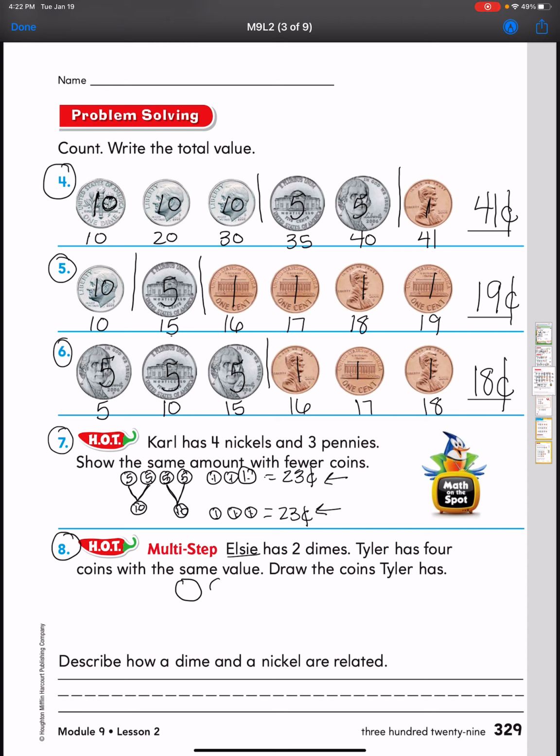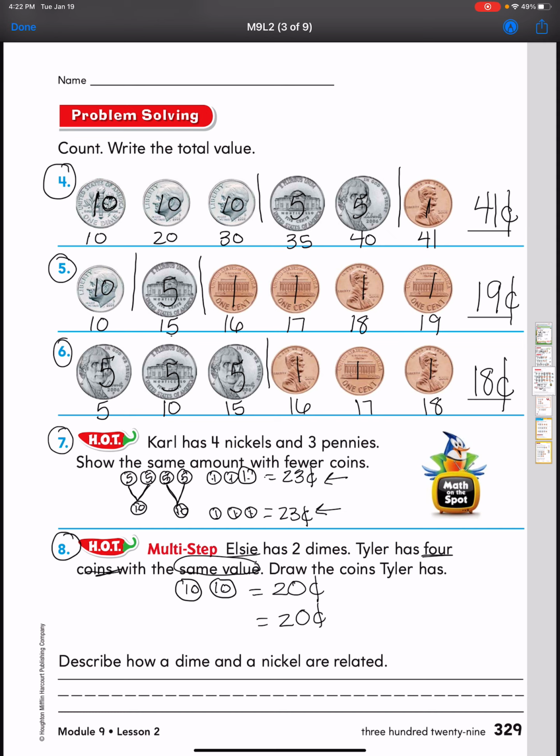She has 2 dimes. I know dimes are worth 10 cents. Tyler has 4 coins, but it's the same value. So I know 2 dimes, 10, 20, that's 20 cents. I need to show Tyler's coins, but this time I have to have 4 coins and it has to equal 20 cents.